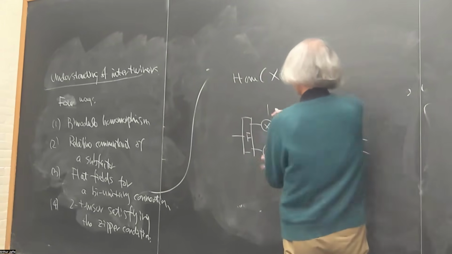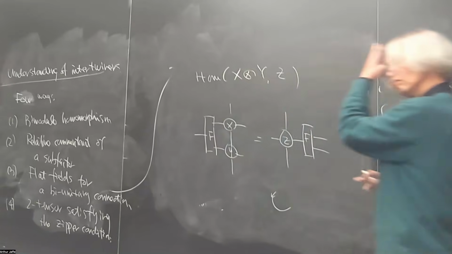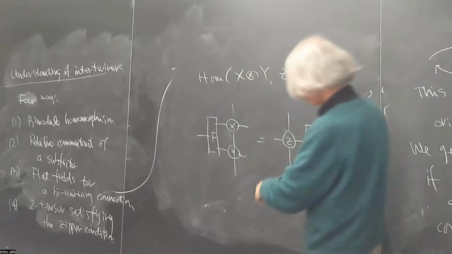So this is a vertical concatenation. So this is an intertwiner two. So this is called the dipper condition.